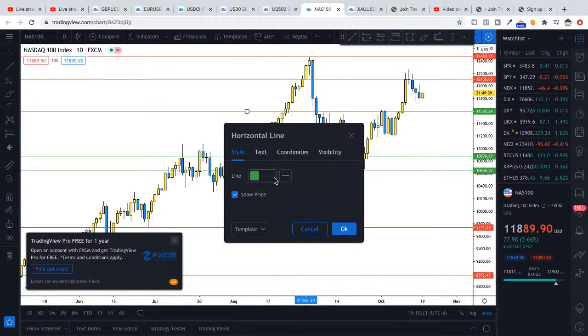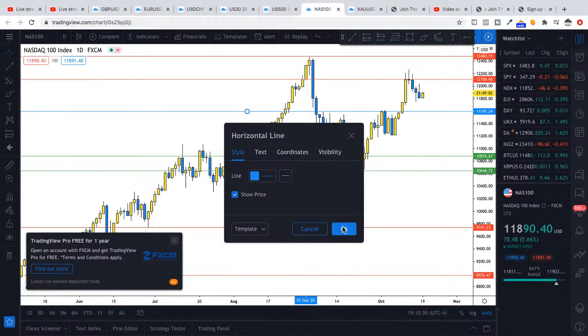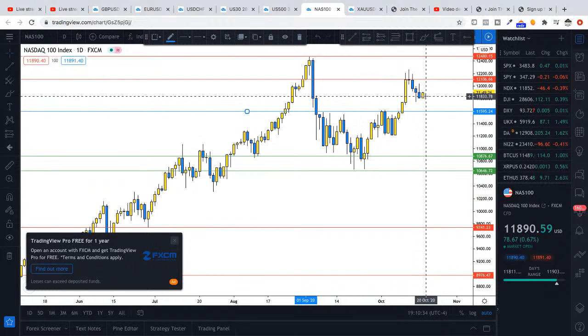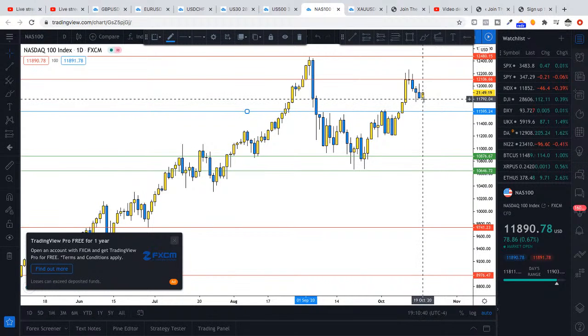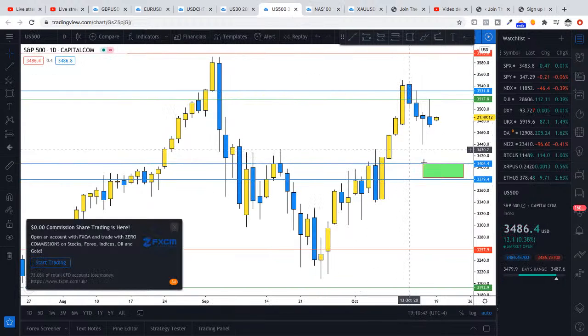So right here, you see me, I'm just putting a drop of blue for daily. Okay. I want to see what happens if it heads here. It could hit this and head up. Hit this and head up.